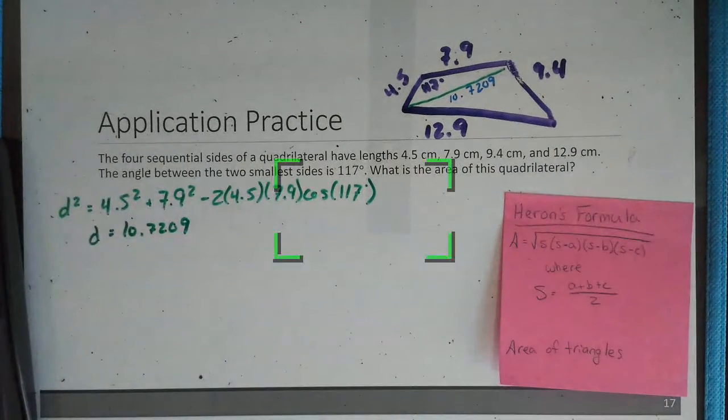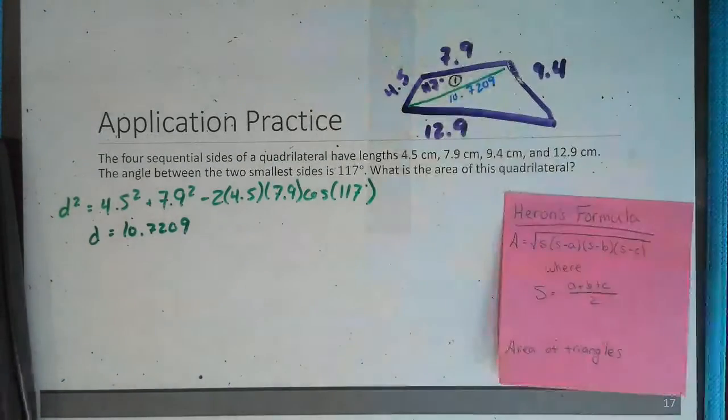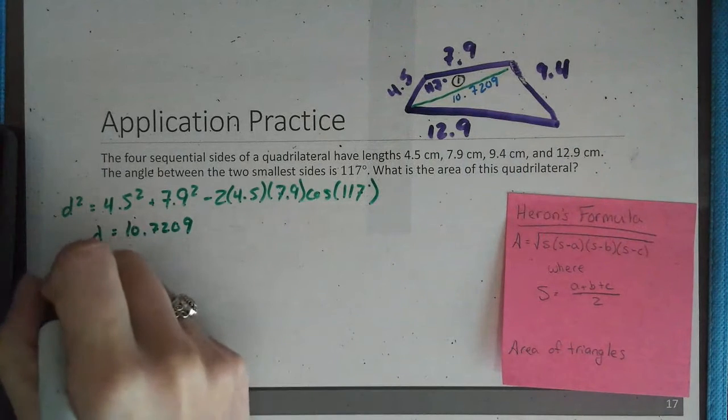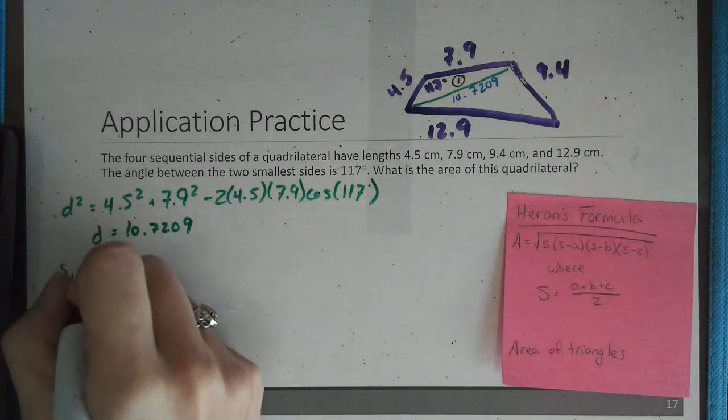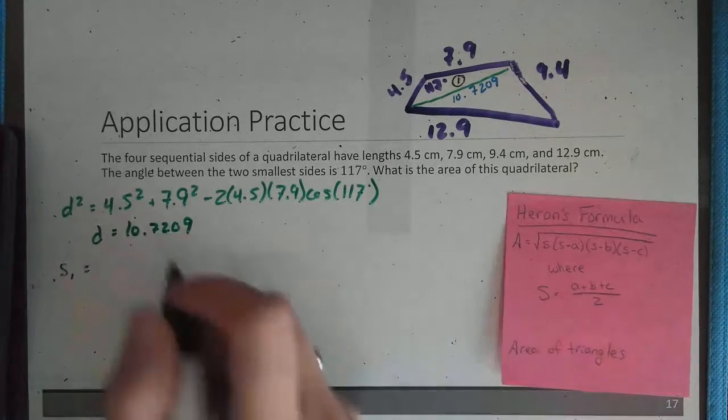So I'm going to start with, I want more colors. I'm going to call this triangle 1. We'll find the area of that one first. The S value for triangle 1, I'll call it S1, is equal to, add up the 3 side lengths and divide by 2.